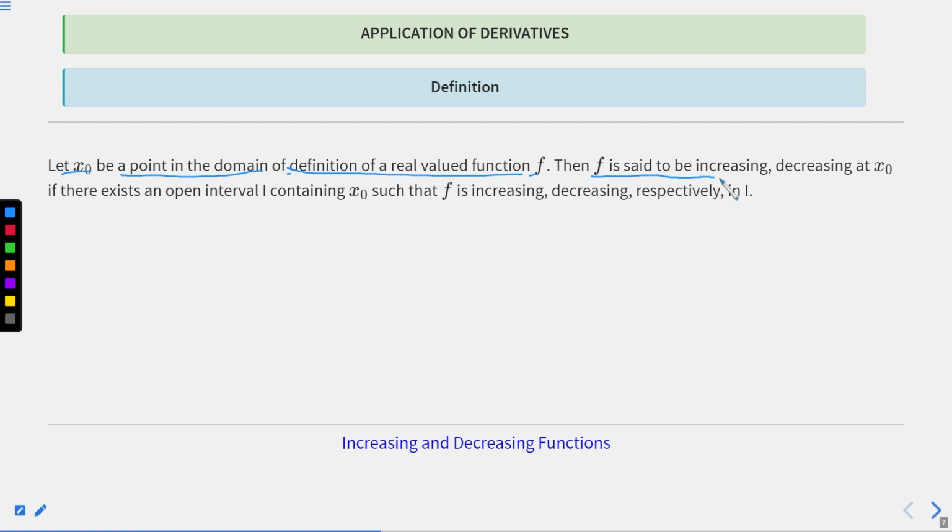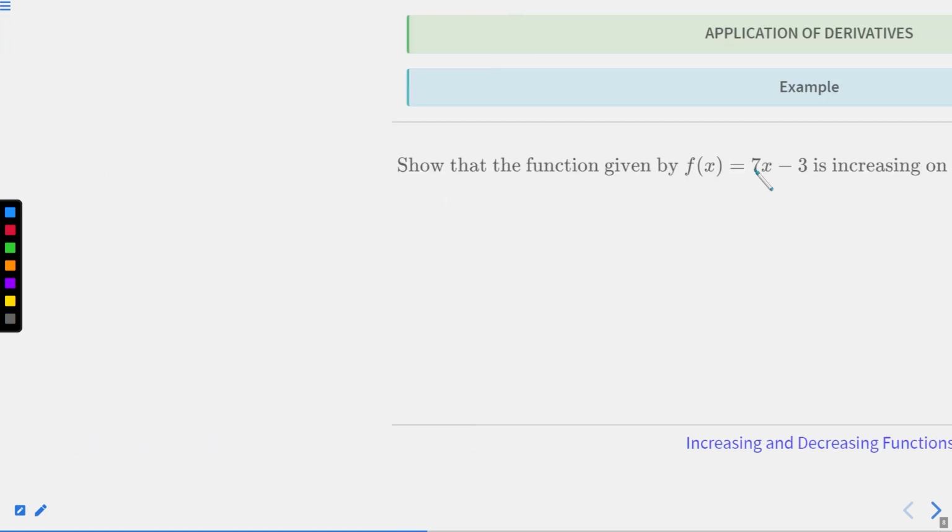Then f is said to be increasing or decreasing at x naught if there exists an open interval I containing x naught such that f is increasing or decreasing respectively in I. You will see the definition getting clearer when you see some examples and problems. I hope that this is somewhat clear to you. Let us move to the next.